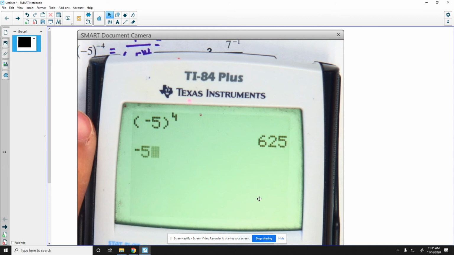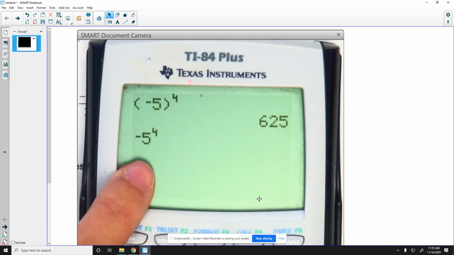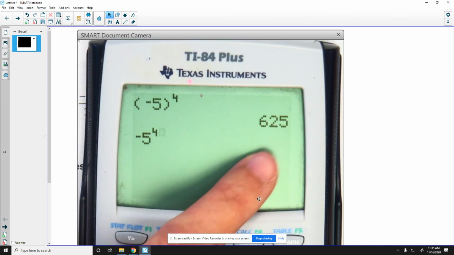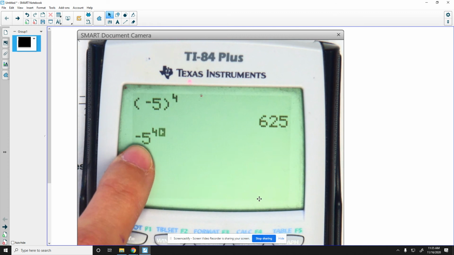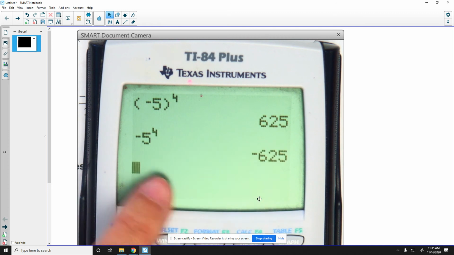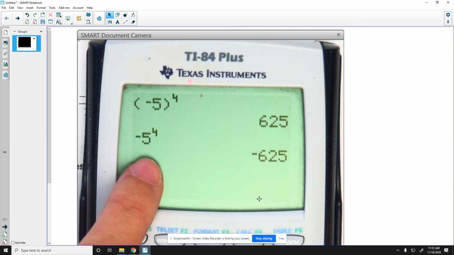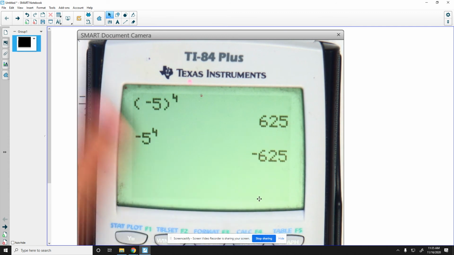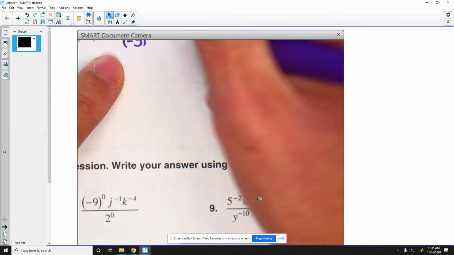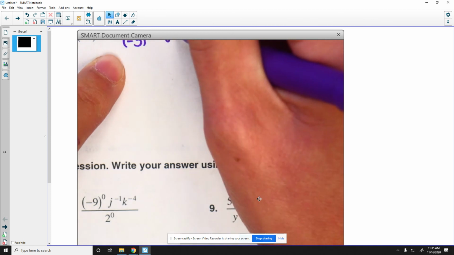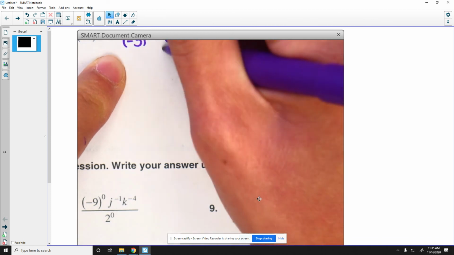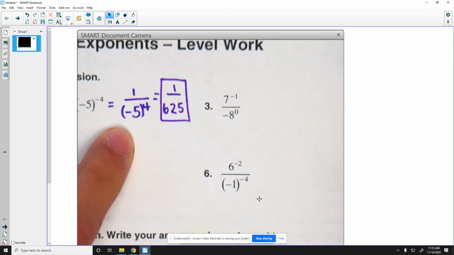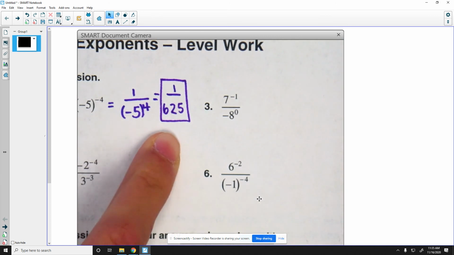But look, if I were to forget my parentheses, that would tell me to do 5 to the fourth, which is 625, and then at the very end, stick a negative in front. So do you see how if I forget my parentheses, 50% of the time, it's going to change my answer. So you really have to know, when do you put parentheses? So since it was a positive, that's going to be my answer.